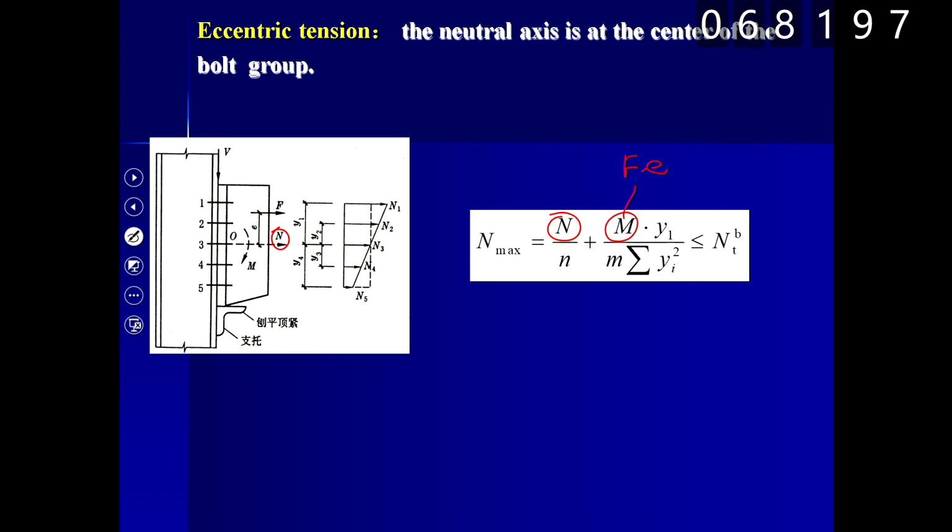And this N means the number of the bolts. And this one is the moment applied on the force. Do you know the equation? Can you memorize this equation?